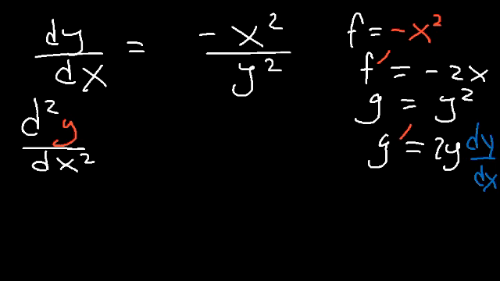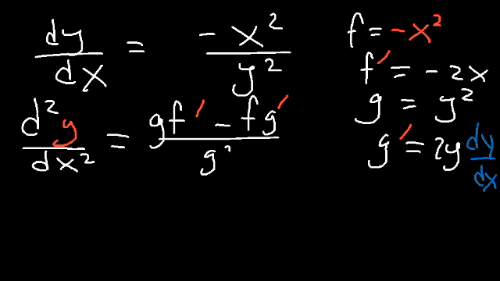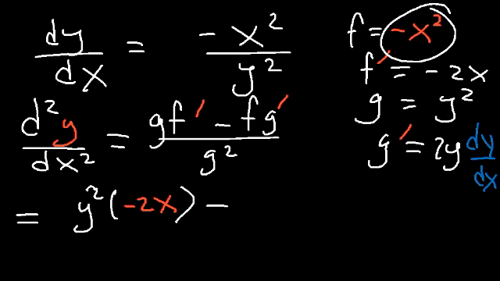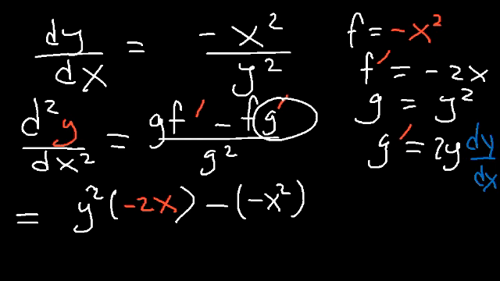Now the formula for the quotient rule is g f prime minus f g prime, divided by g squared. So g is y squared times f prime, which is negative 2x, minus f, which is negative x squared, times g prime, and g prime is 2y dy/dx.